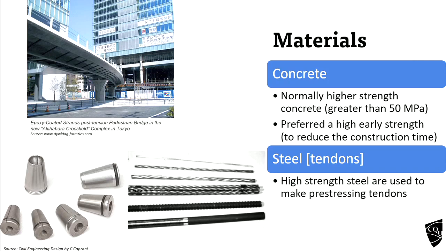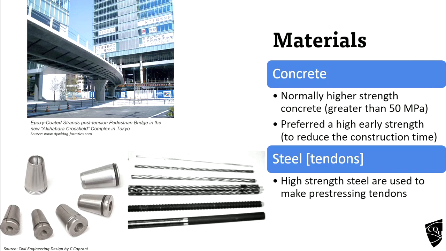Tendons are the ones with which we apply the pre-stressing force or compressive force to the concrete. Okay. So in this case, since the section has an external compressive force applied through steel tendons, it can carry large force or large bending moments.